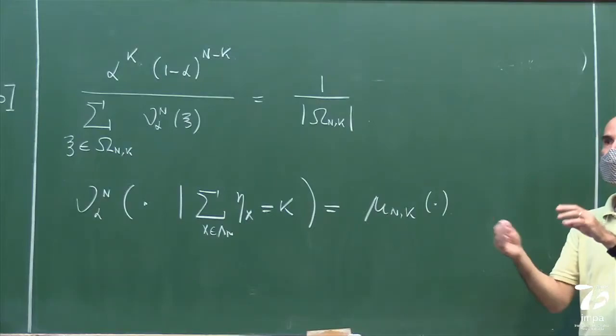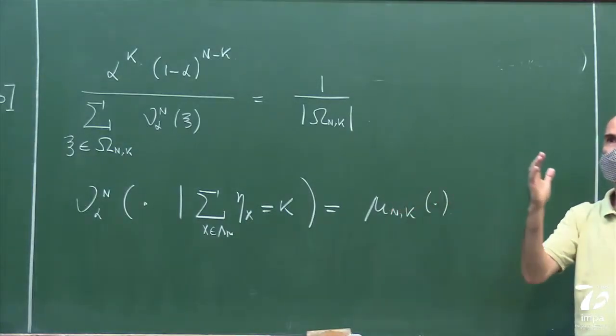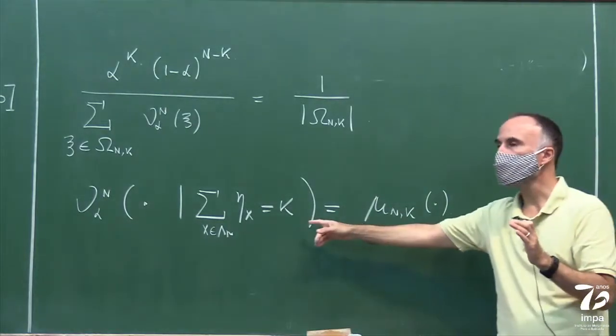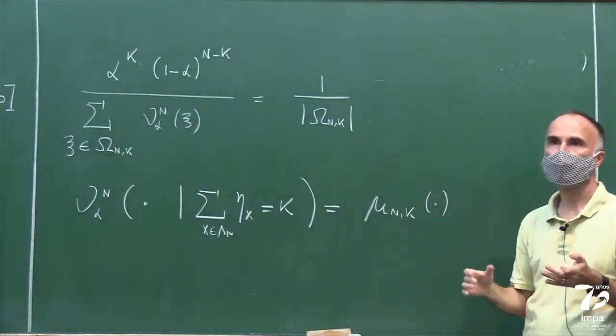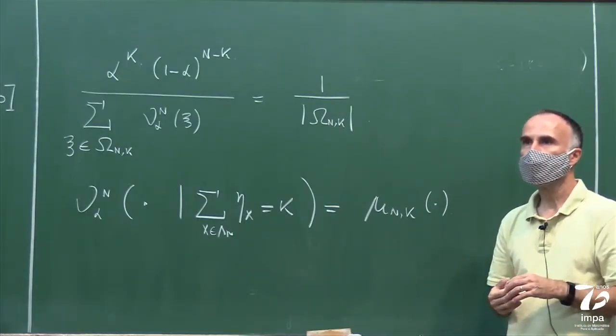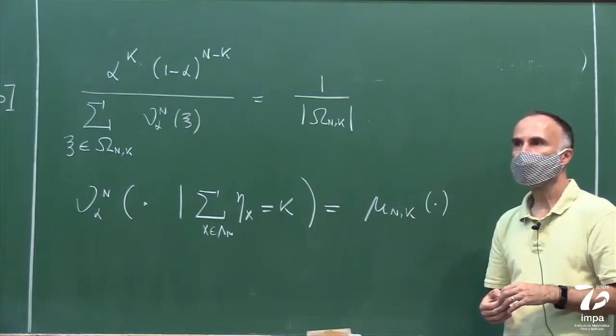Okay, so I started from the uniform, I send n to infinity, I obtain the Bernoulli. Now I take the Bernoulli, I condition on a fixed number of particles, I get the uniform. So I'm going back and forth.